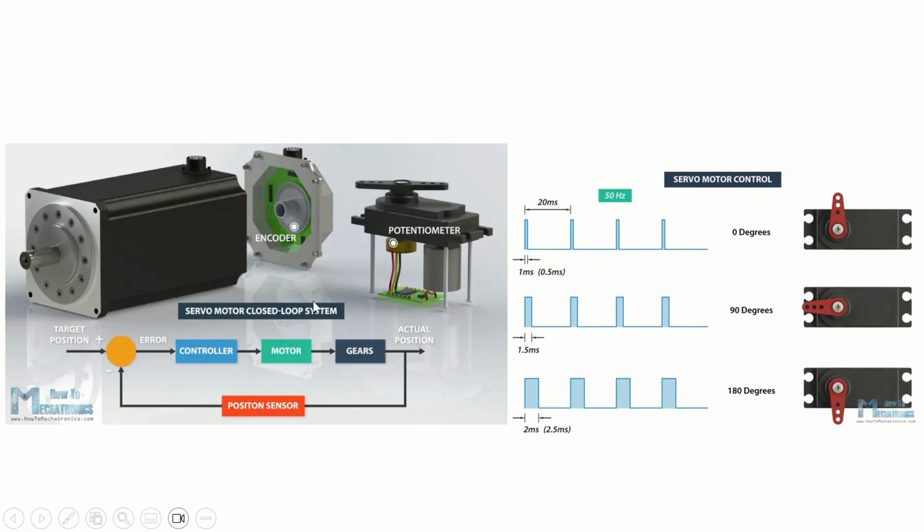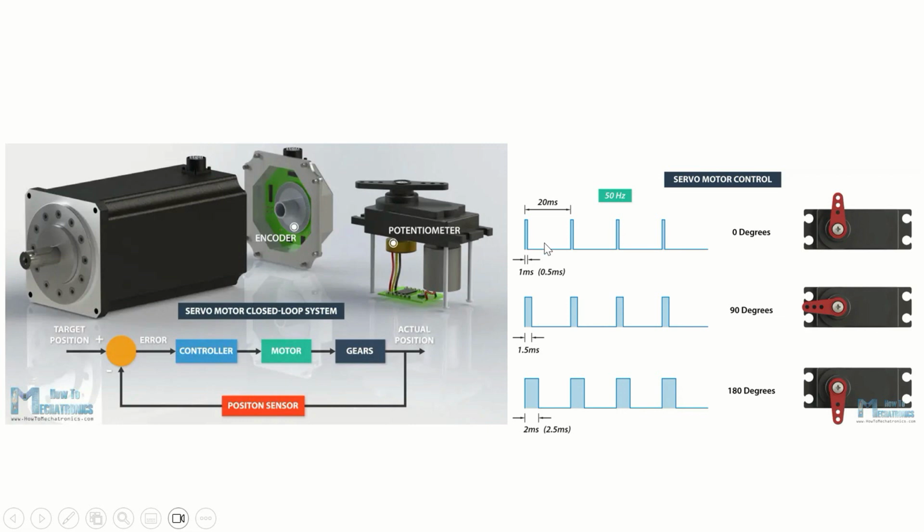Whatever signal you give, it not only controls, it also takes feedback until the position of the motor is adjusted. This loop is taking care of making the error zero.